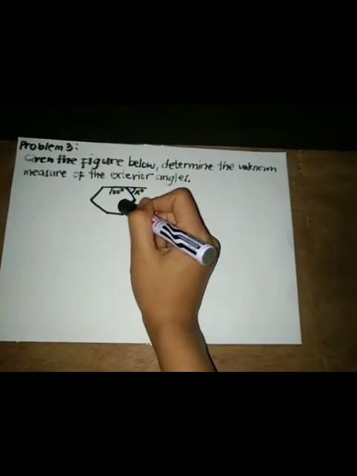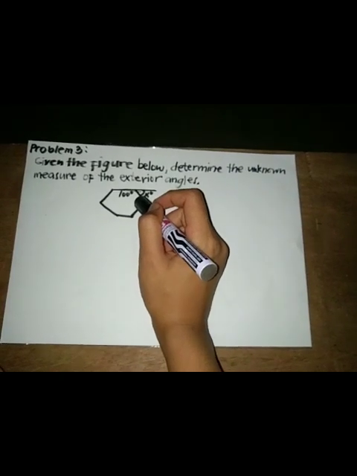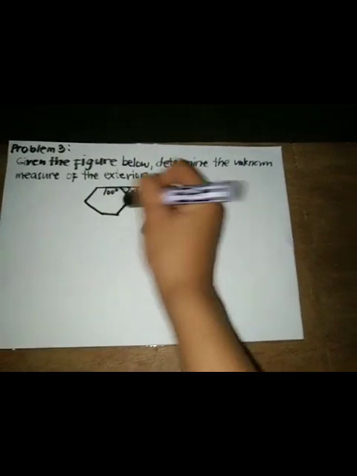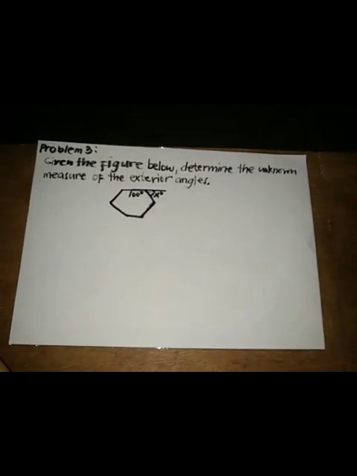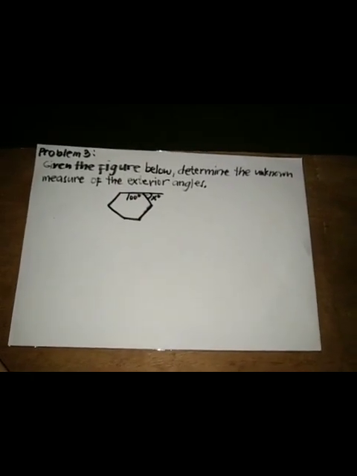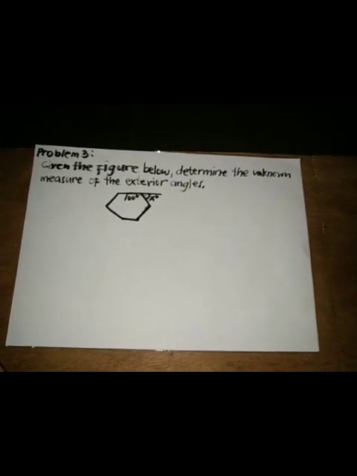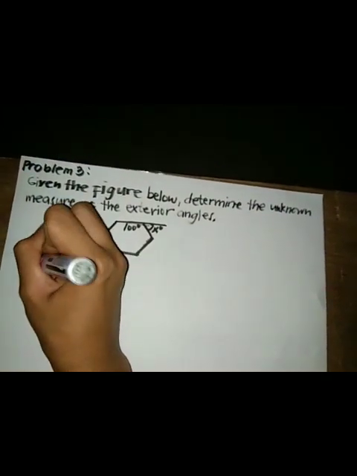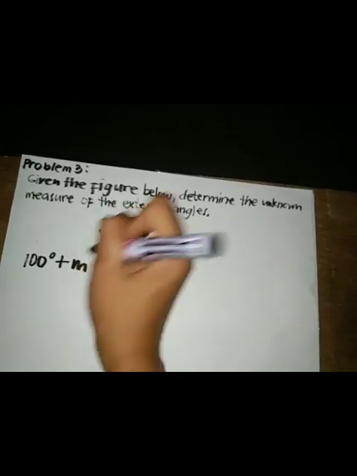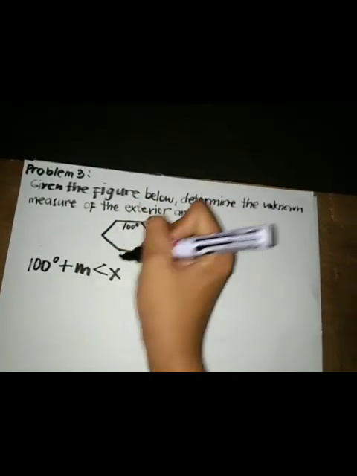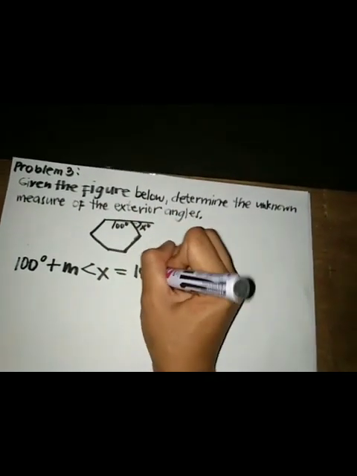This picture is a hexagon. So to solve this, 100 degrees plus m angle x equals 180.